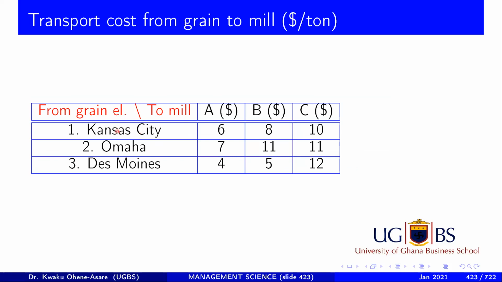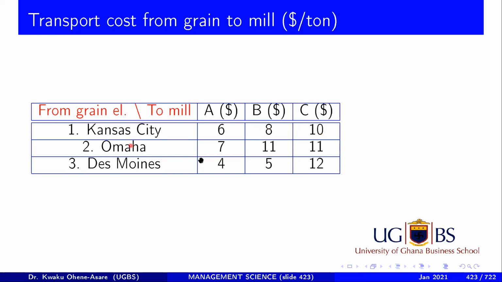Anytime you're sending from Kansas City to A, B, and C, the 3 cities, the cost associated with sending it to Chicago is $6. The cost from Kansas City to St. Louis is $8, and to Cincinnati is $10.